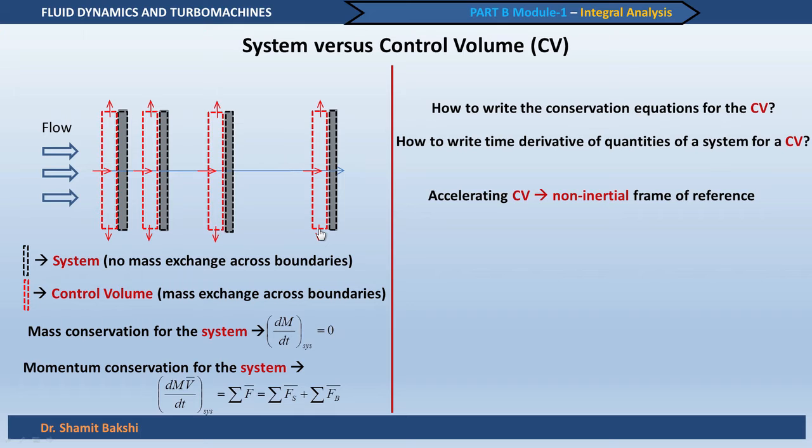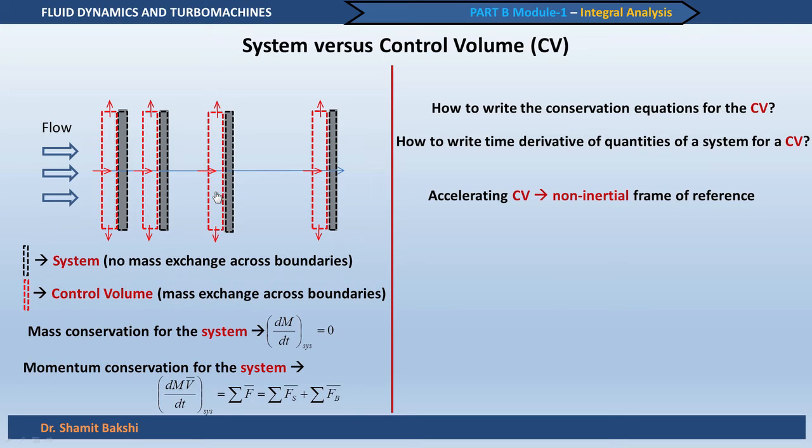We want to find out the forces on the control volume, so this has to remain along with the plate. For the analysis of such a control volume, we have to take a reference frame which is on the control volume itself. We have to see by sitting on the control volume what is happening, what are the forces.